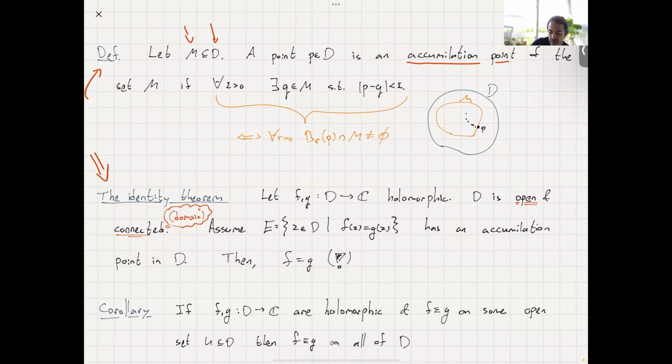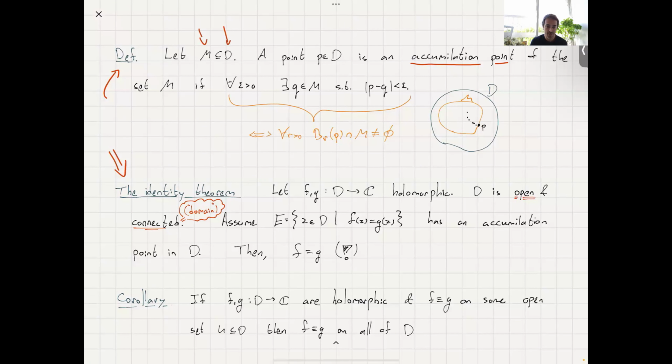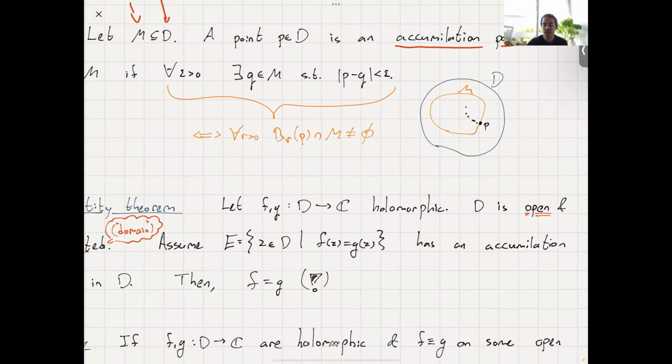And we are going to say that a point P in D, in the big set, is an accumulation point of the small set M if, informally speaking, you can get as close as you want using points of M to P. Namely, for any distance that you would care about, epsilon, you can find a point Q in M. Maybe it's this one, maybe epsilon is this distance or something.